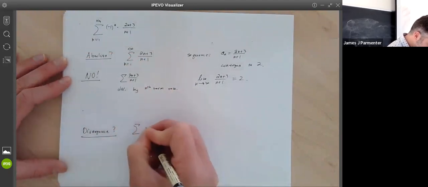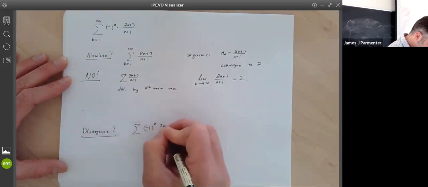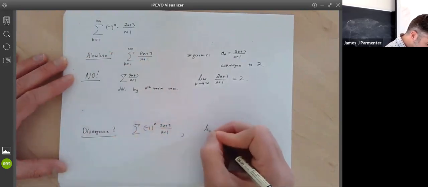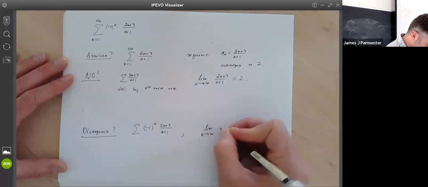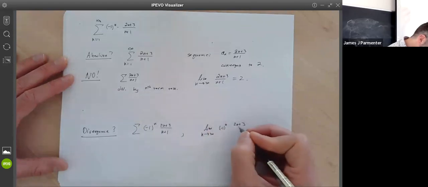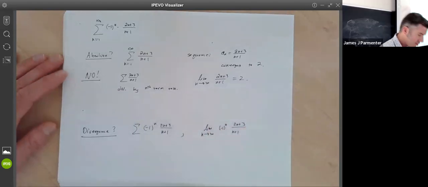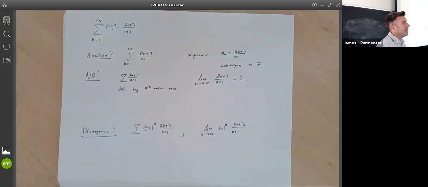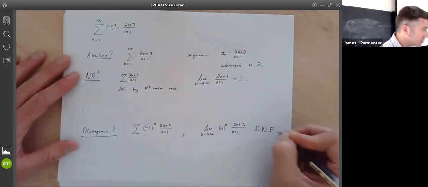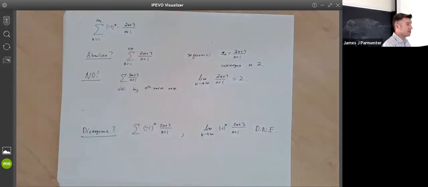Because if you look at this series, the limit of the sequence, now this is where things might get a little slightly dicey, but just slightly. Okay, we're close to 3. So it's not true that the limit of that sequence is 2. The limit of that sequence doesn't exist because it keeps bouncing back and forth between things that are closer to 2 and things that are closer to -2.